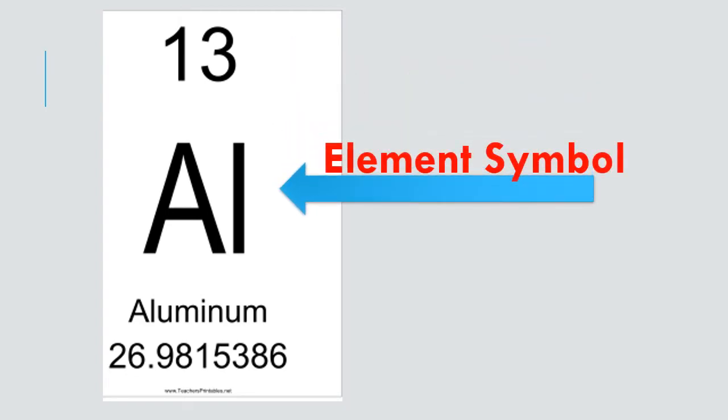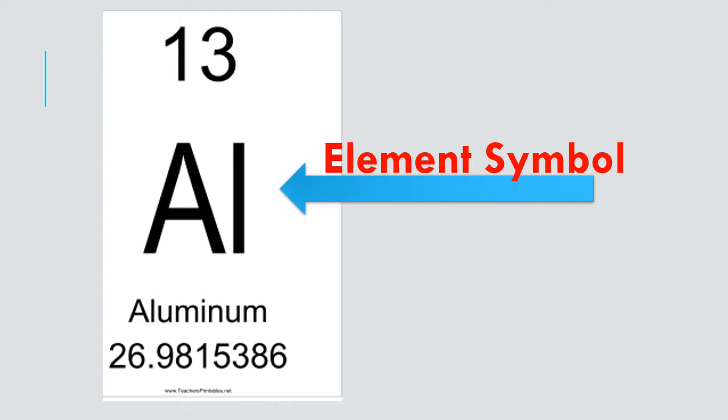The element symbol gives us a symbol for those elements. A lot of times you'll notice that the element symbol doesn't necessarily match how we spell it. That's because it is based typically off the Greek or Latin for that element, and so they might be a little bit different.